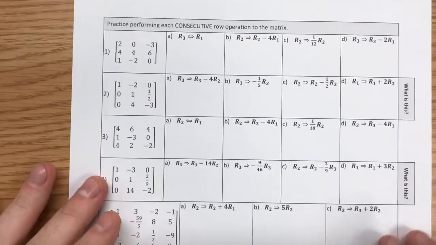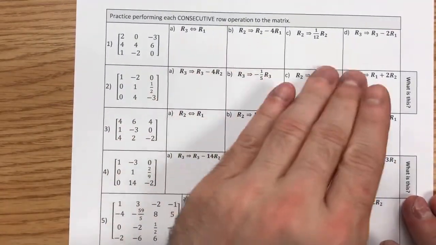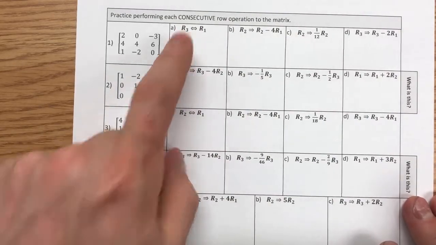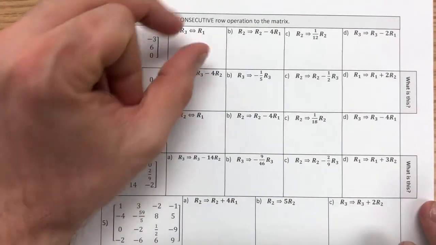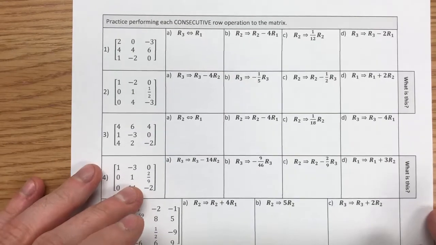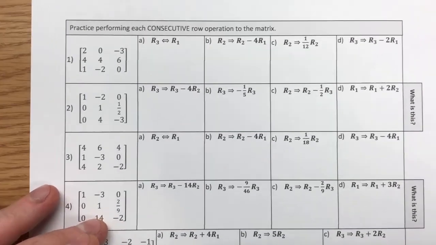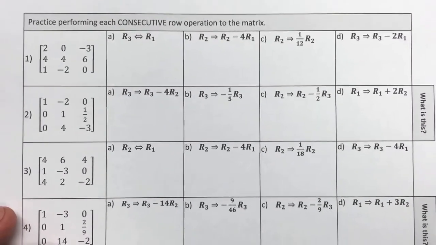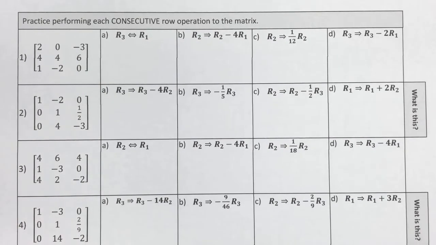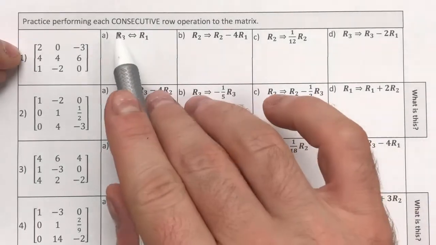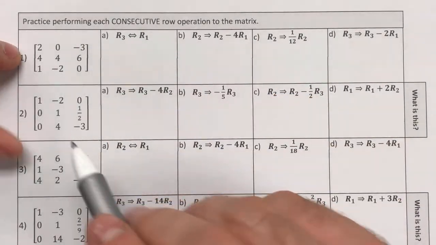Now, this is telling us to do row operations. So the first thing we spot is that little swip swap, which means we're going to swap the rows. So let's go ahead and give some of these a try as opposed to figuring out what's going on. Let's just do some of them. So this matrix, I'm going to take row 3 and swap it with row 1.